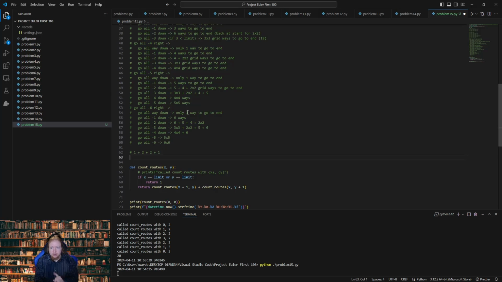That's the actual formula that comes up to the correct answer. And then for the 3x3, it's 1 plus 3 plus the 2x2 plus the 2x2 plus 3 plus 1.